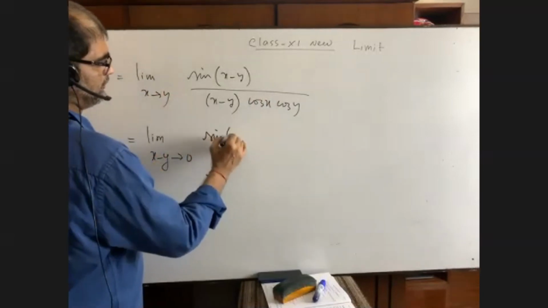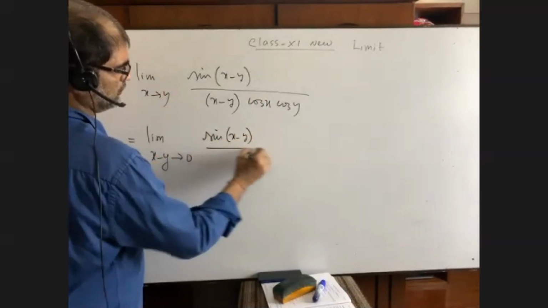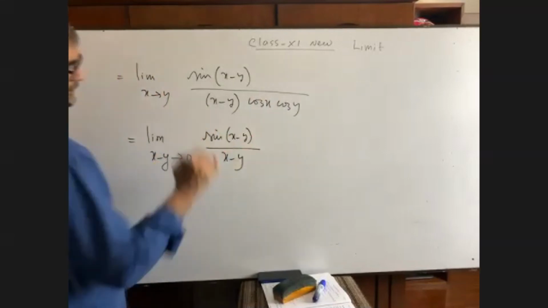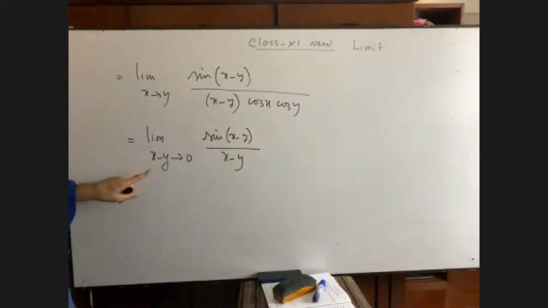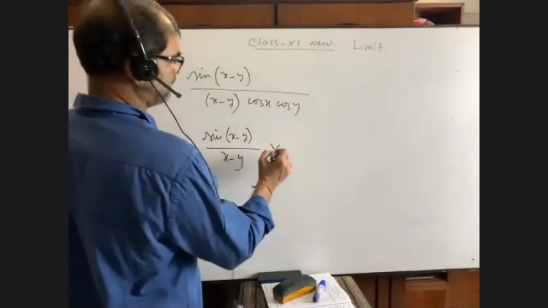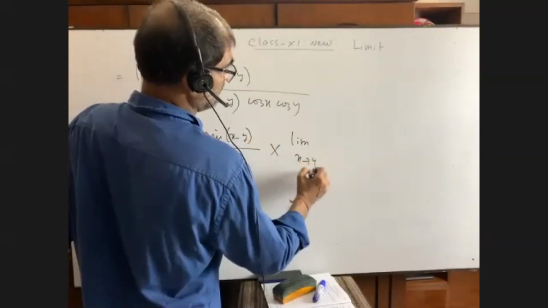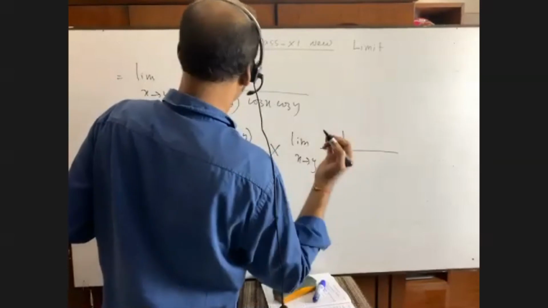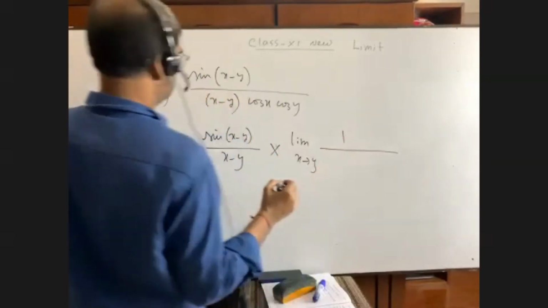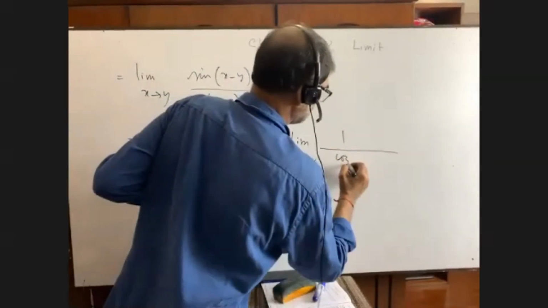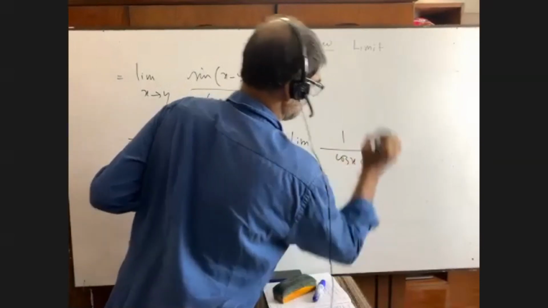Sin theta by theta. Here theta is x minus y, and x minus y tends to 0. So it is sin of (x minus y) by (x minus y), into limit x tends to y, 1 by cosine x cosine y.